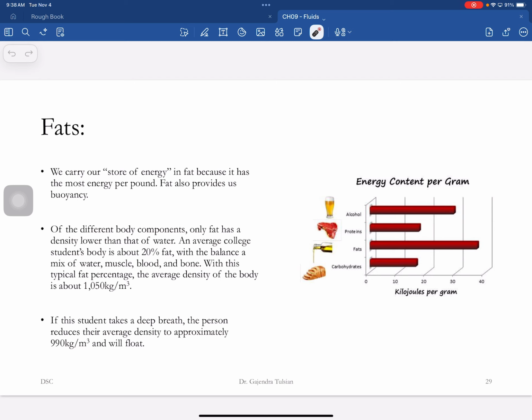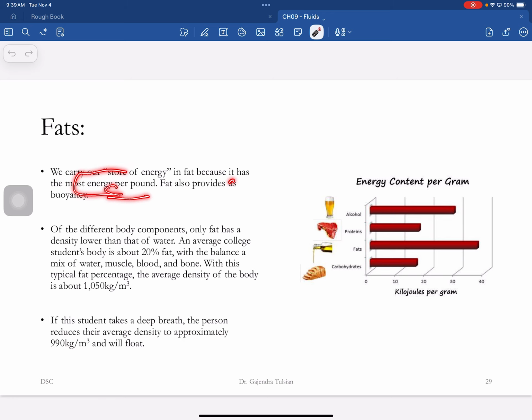Except that the problem with this is if you live in a watery environment, there's a problem with this. The density of fat is less than the density of water. So if you were 100% fat, you'd rise to the surface. Okay? So we'll keep that in mind. Okay? So we carry our store of energy in fat because it has the most energy per pound.